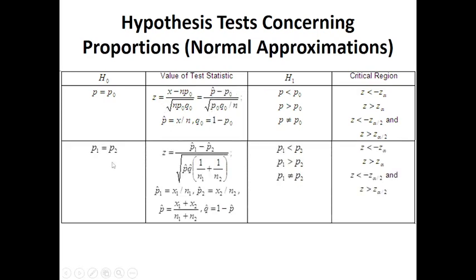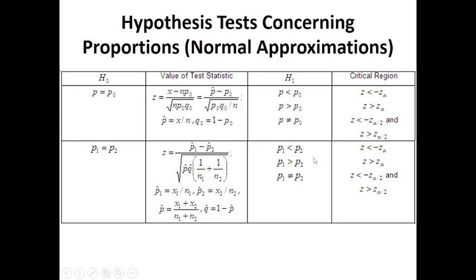And then in here we have two population proportions. We have the proportion for population 1 and another proportion for population 2. We are going to test whether they are equal or not.